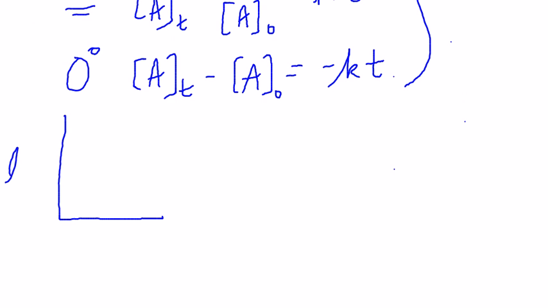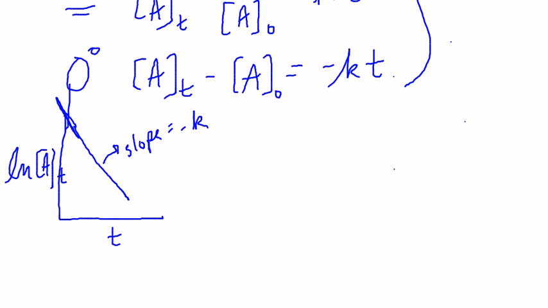If you graph the natural log of A at time t over time, you get a straight line whose slope is equal to minus k. The y-intercept is equal to ln of A naught.